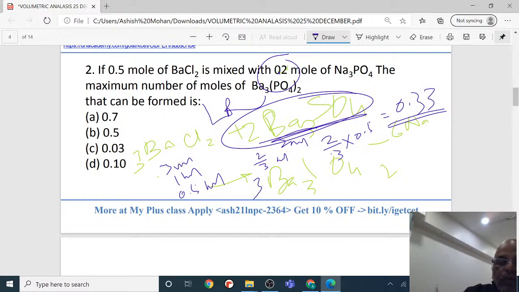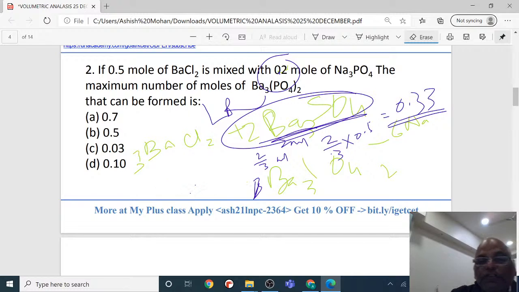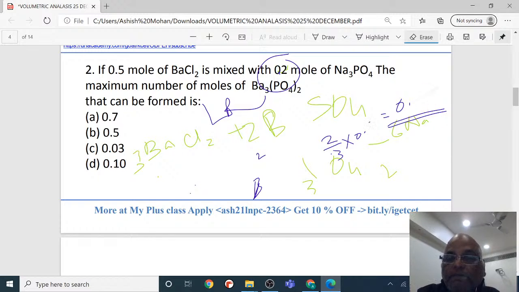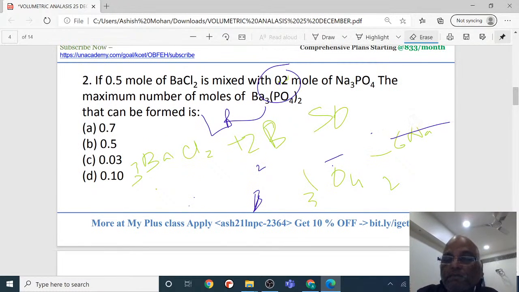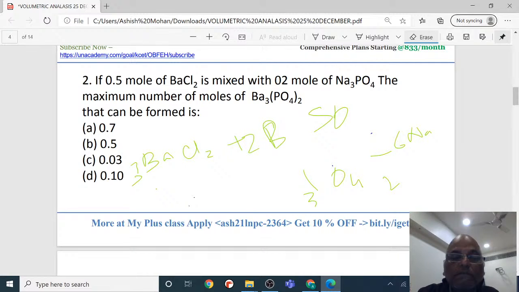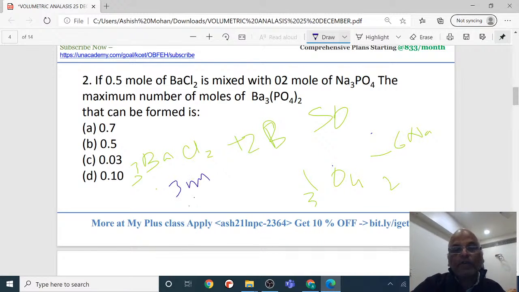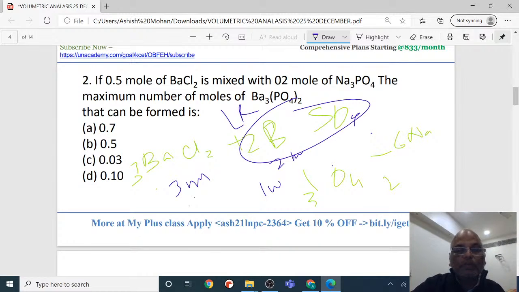Limiting reagent, so we will use the product on behalf of this. 2 moles give you 1 mole.